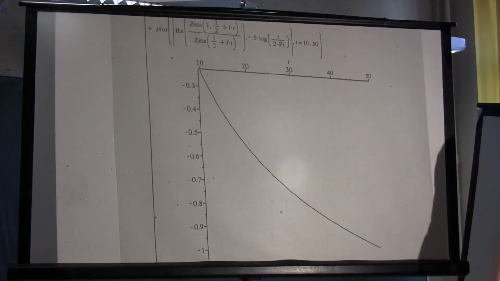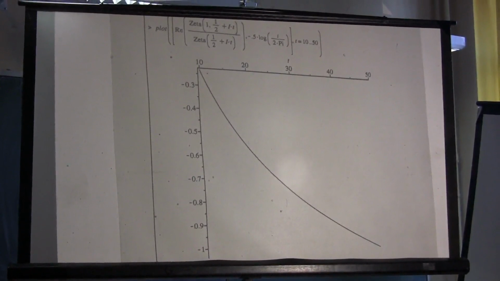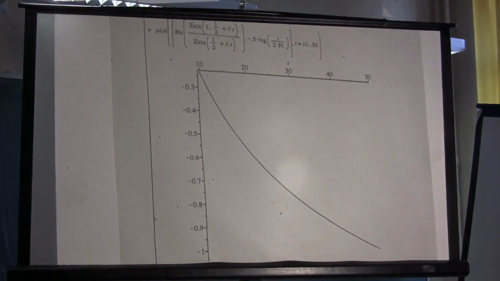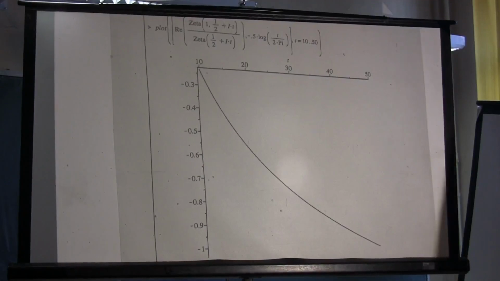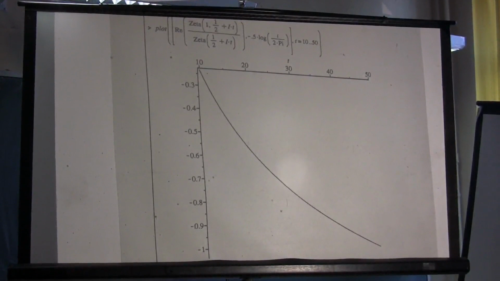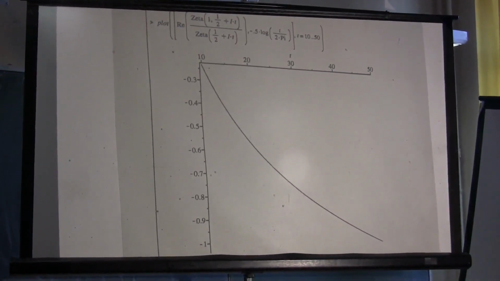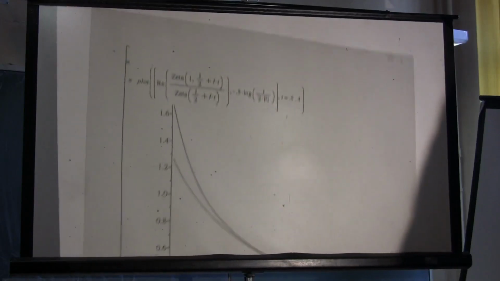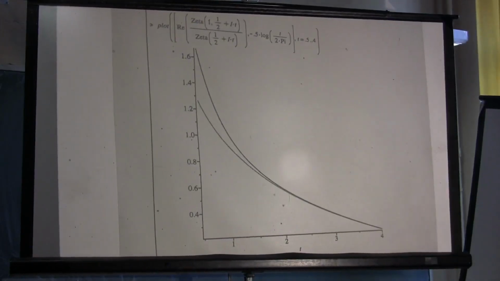Well, we only see one curve, so it looks like they're equal. They're not equal. Let me show you one other slide here. I'm going to look at this now for slightly smaller values of t. The same curve, but slightly smaller values of t.